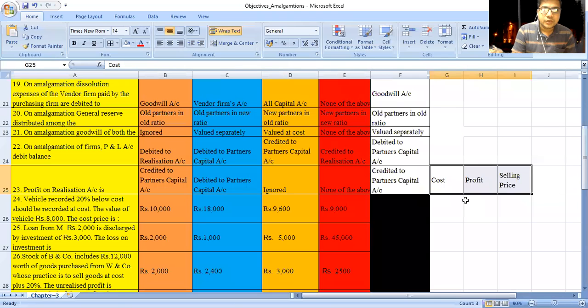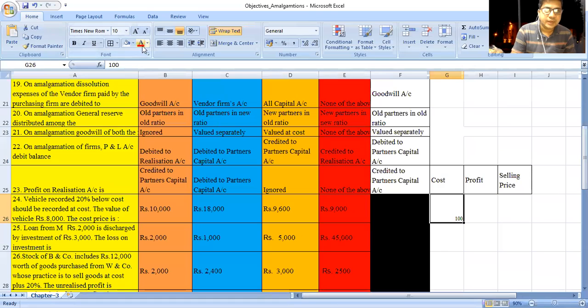Now, in our problem, the vehicle is recorded 20% below cost. We have to assume that our cost is 100%.